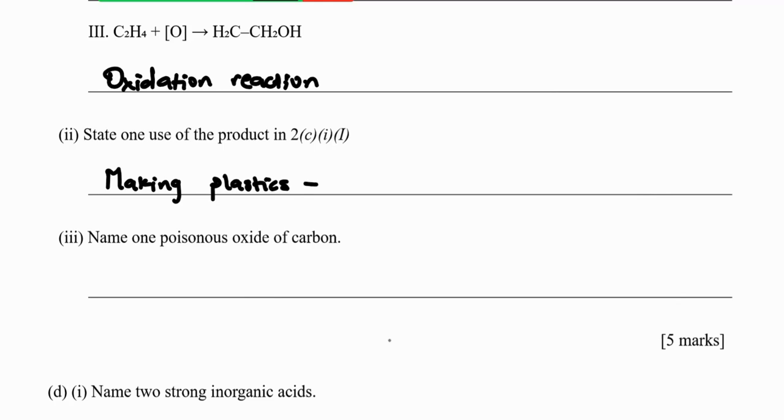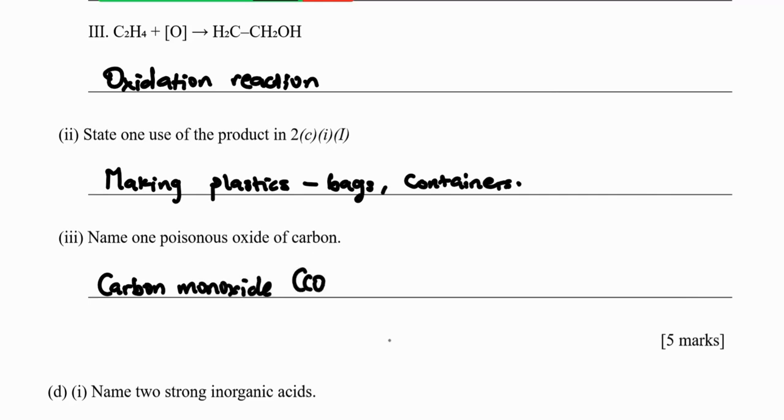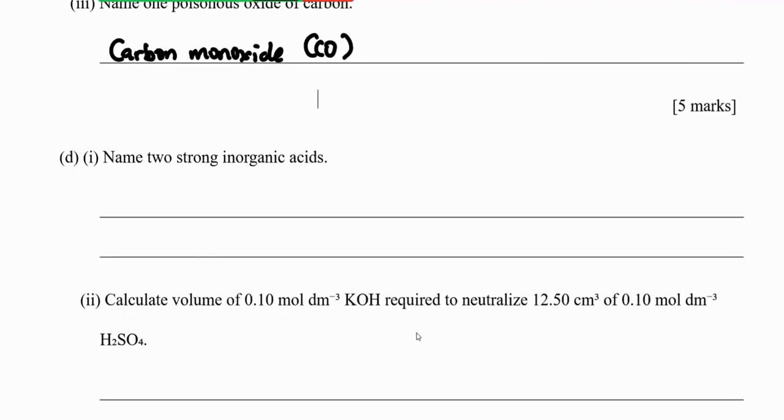So plastics could be bags or containers. Now, the next question is name one poisonous oxide of carbon. Carbon monoxide, CO.